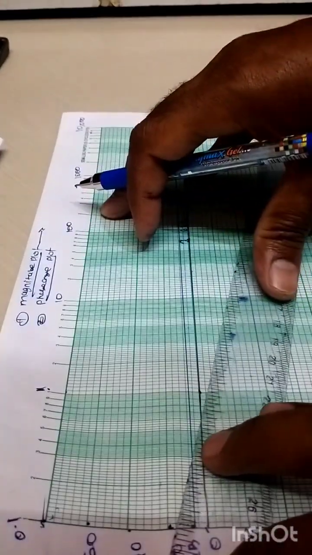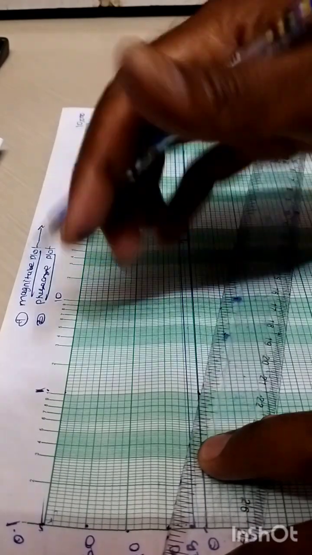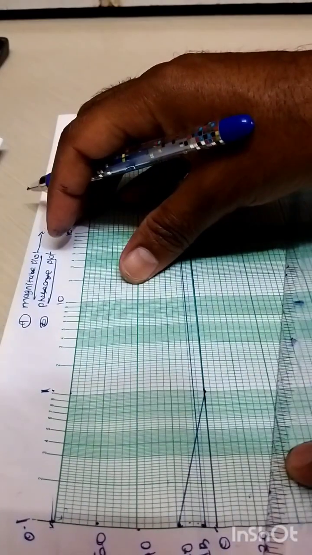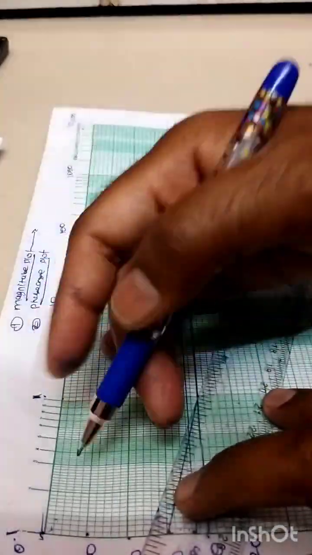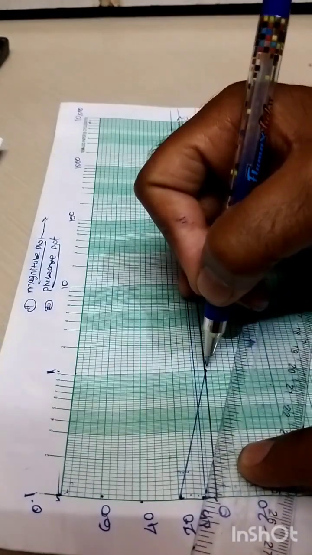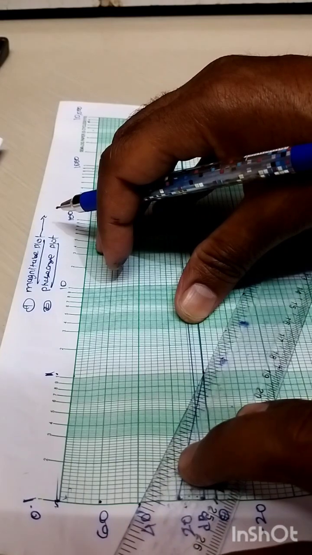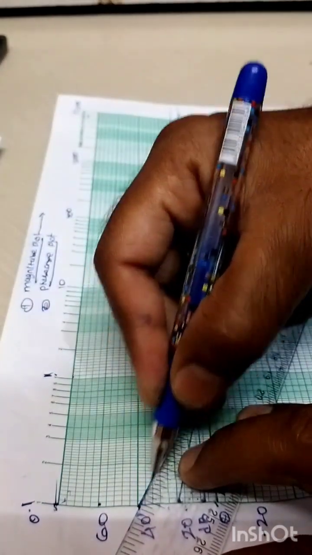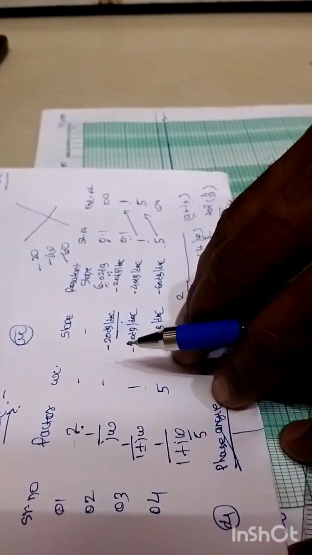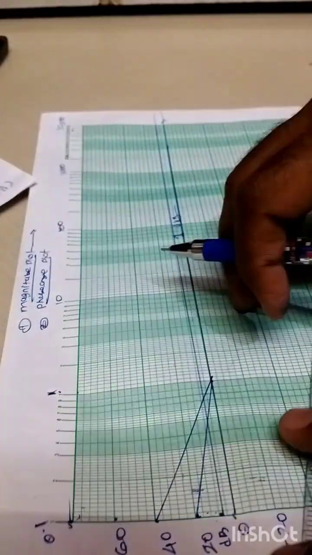So this line indicates, when we join these 2 points, the minus 20 dB line, right? When we join these 2 points, the 40 and the 1 radian per second, this line will become the minus 40 dB line, right? And the third slope is what? According to this table, the third final slope is minus 60 dB per decade.